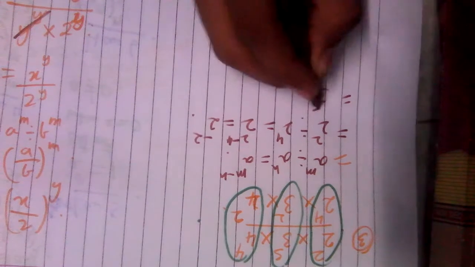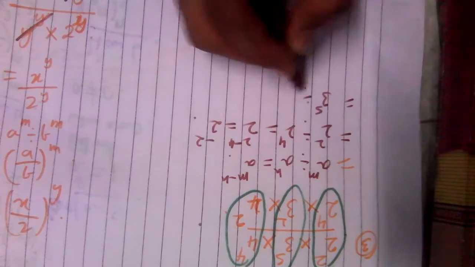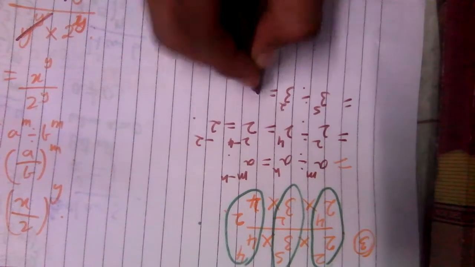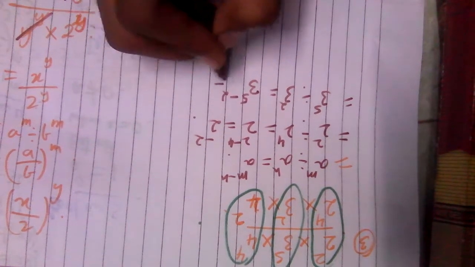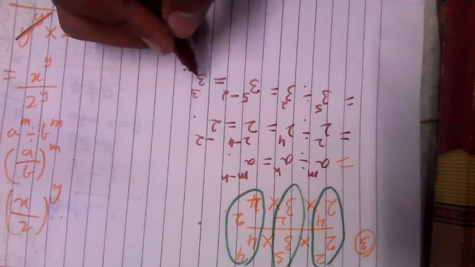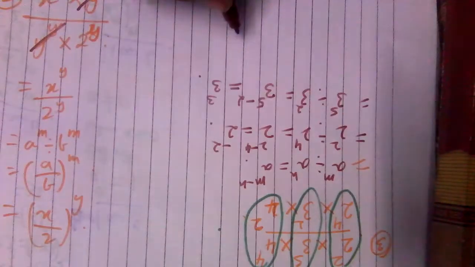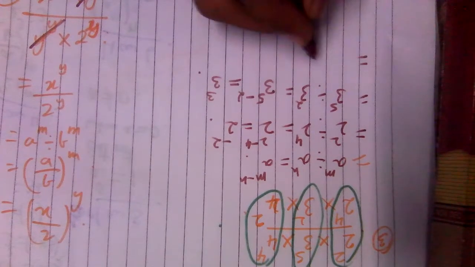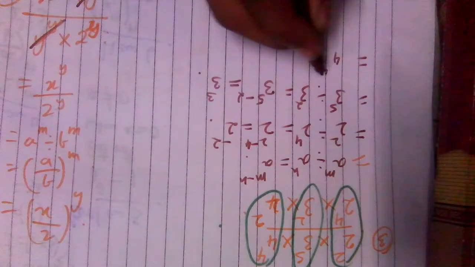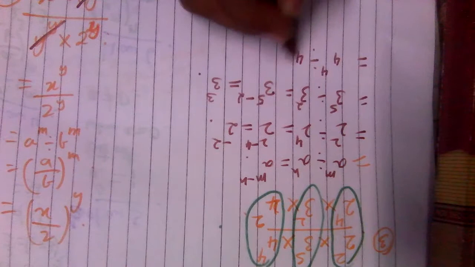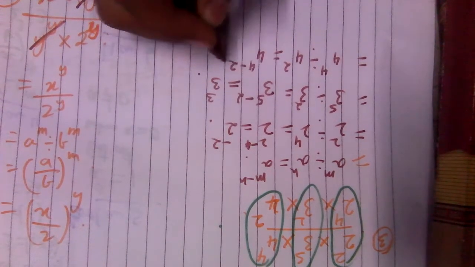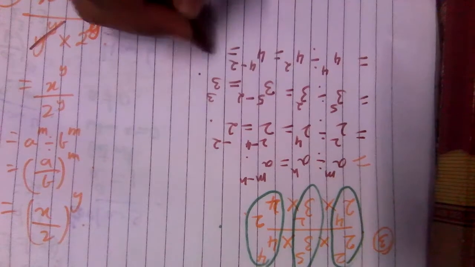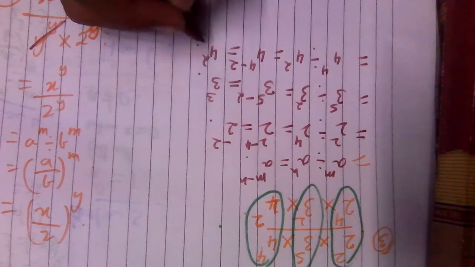So 3 to the power of 5 divided by 3 to the power of 2 will be equal to 3 to the power of 5 minus 2, which will be equal to 3 to the power of 3. And now the next, which will be 4 to the power of 4 divided by 4 to the power of 2, which will be equal to 4 to the power of 4 minus 2, which will be equal to 4 to the power of 2.